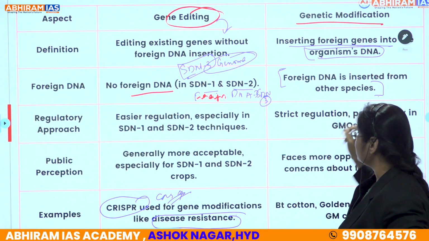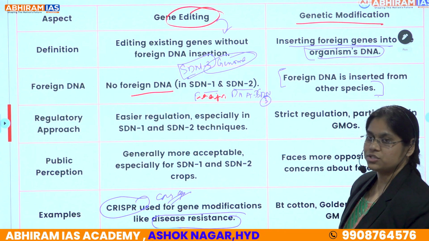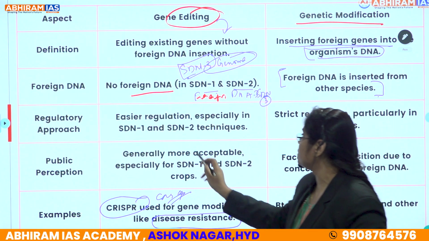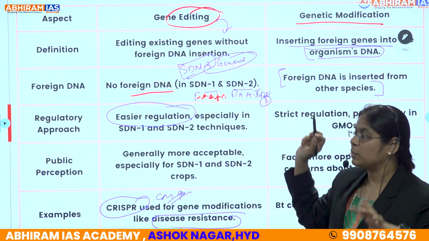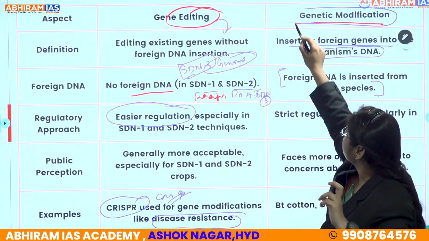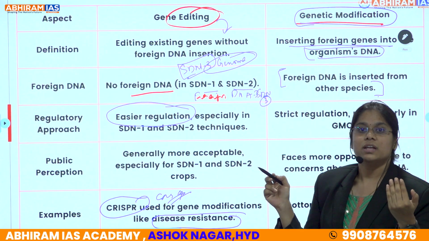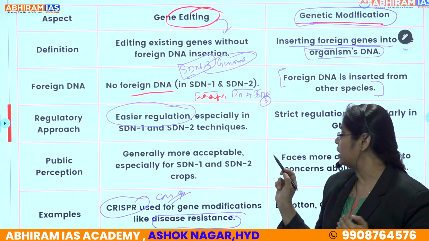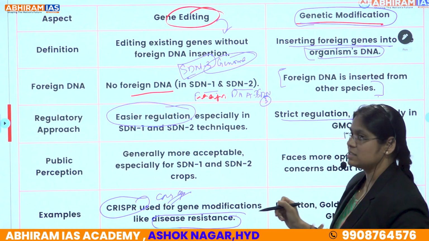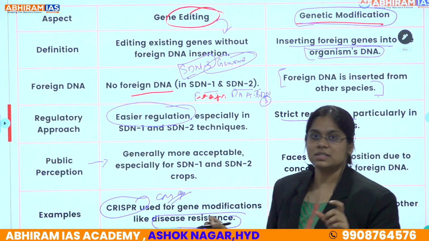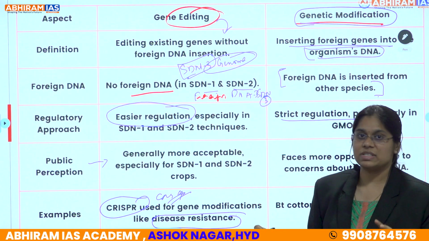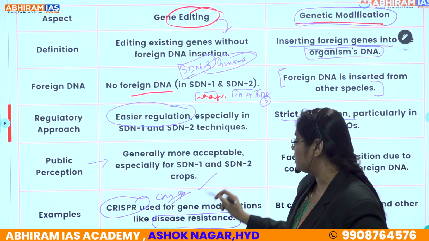Here foreign DNA is inserted from other species in genetic modification. The regulation is very easy for gene editing, but for genetic modification, we have to go through a number of regulatory procedures. So strict regulation is there. Clear? Now what is the public perception? See, ethical concerns are very few for gene editing.